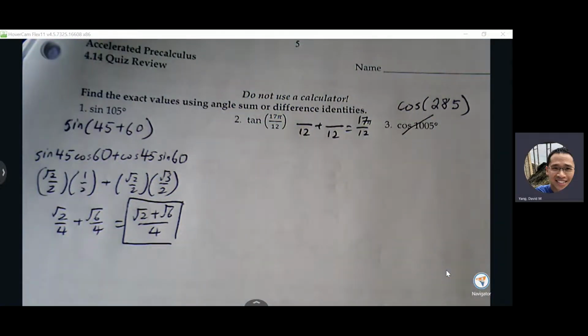Sometimes there's more than one variation, which is fine, but ultimately we're going to get down to the same answer.